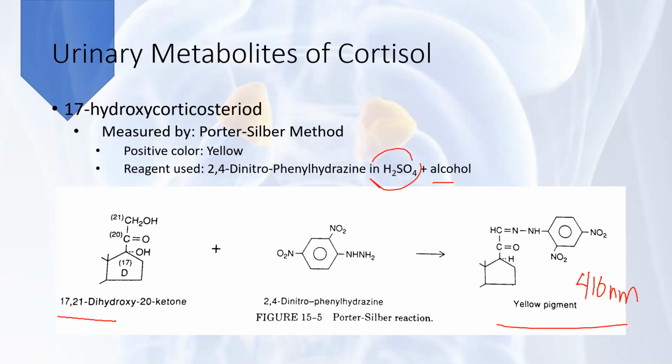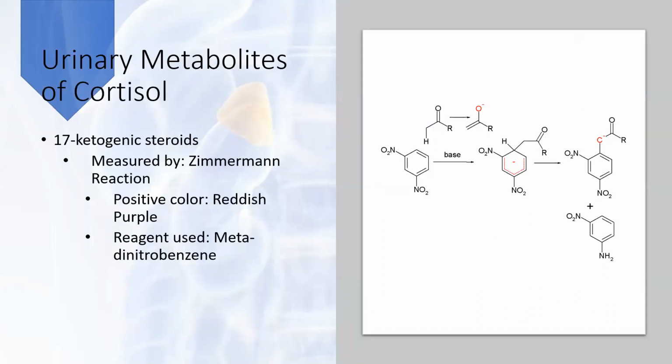Now, on the other hand, we have your 17 ketogenic steroids. Ito naman, no, si ketogenic steroids naman is being measured by the Zimmermann's reaction, which will give us naman a reddish purple color, and the reagent used is meta-dinitrobenzene.